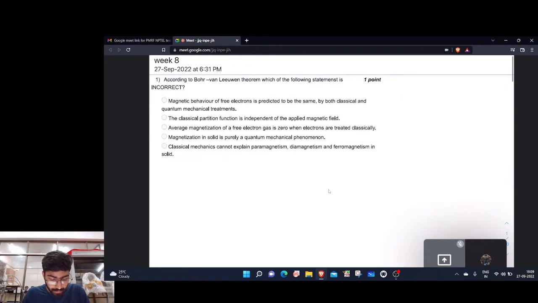According to the Bohr-van Leeuwen theorem, which one of the following statements is incorrect? To understand it, one has to understand what it is.